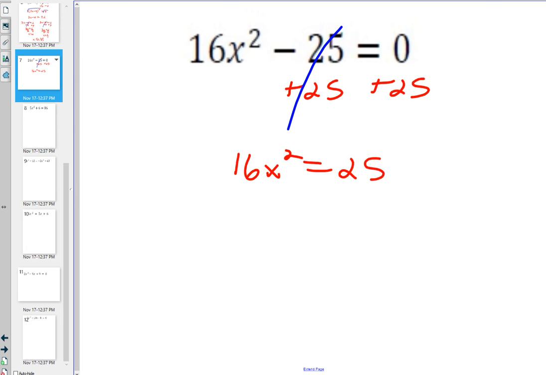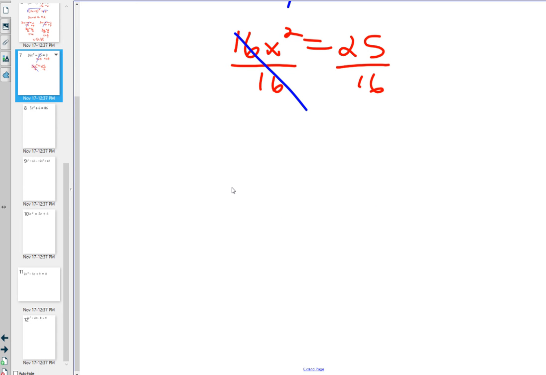Backwards PEMDAS? Yeah, I would divide by 16 first. Because if that number's not a perfect square and you try to square root, good luck. And now at the end, I would square root.